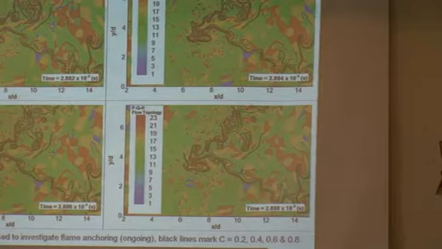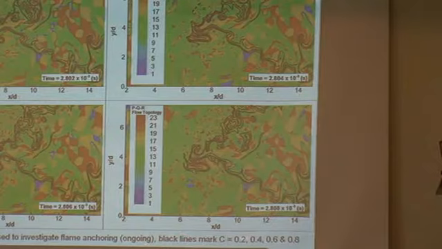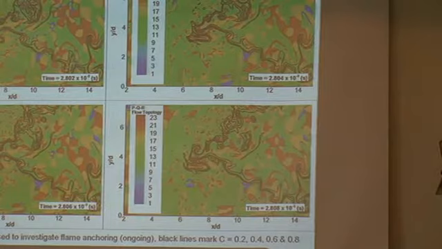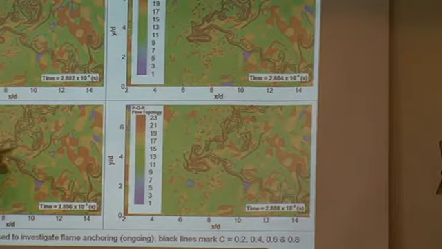In this case, the black lines are the flame progress variable for 4 values, and we could see that in the green regions, which are the strain regions, very often these black lines are close together, so they represent the thin flame, while in the regions in which we have orange and yellow, these lines are farther apart from each other.